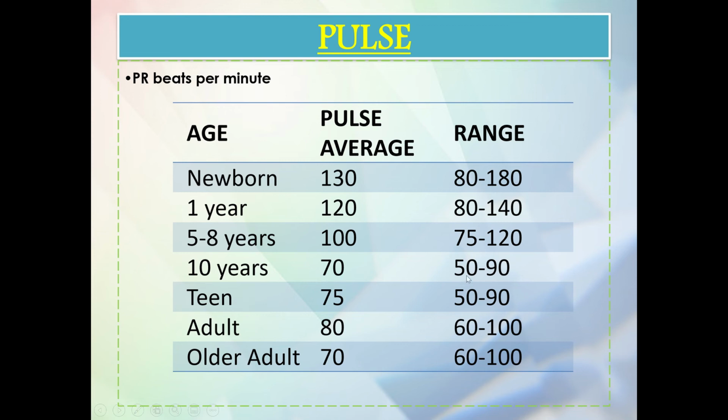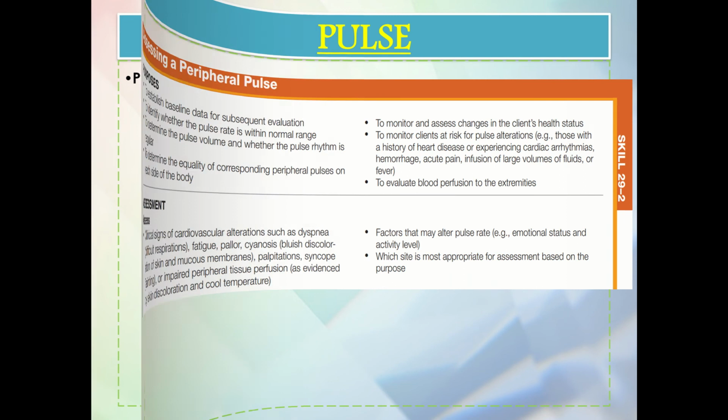So although okay lang siya for 10 years old and for teens, yung 50 na bilang na pulse rate. Pero pag iyon ay nakuha mo sa newborn, so iyon ay bradycardia na, mabagal na. Kasi the usual range for newborn is 80 to 180. Okay, so that's the reason why dapat alam natin yung normal range for the specific age bracket. So take note of this.